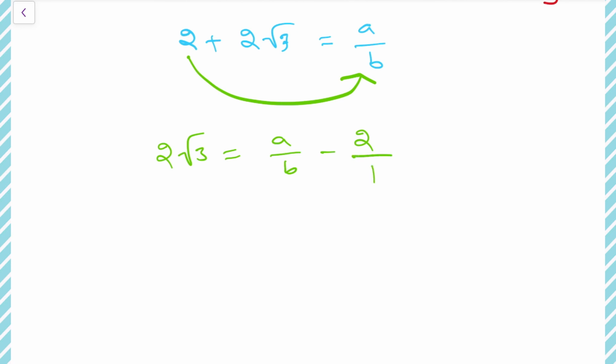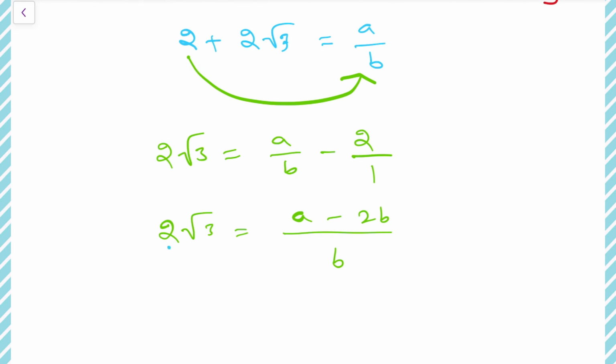This 2 can also be written as 2 by 1. So the left side stays as it is, 2 root 3 equals, on the right side we have different denominators, so let's go with the LCM or else cross multiplication: b into 1 is b, a into 1 is a, minus 2 into b, 2b.